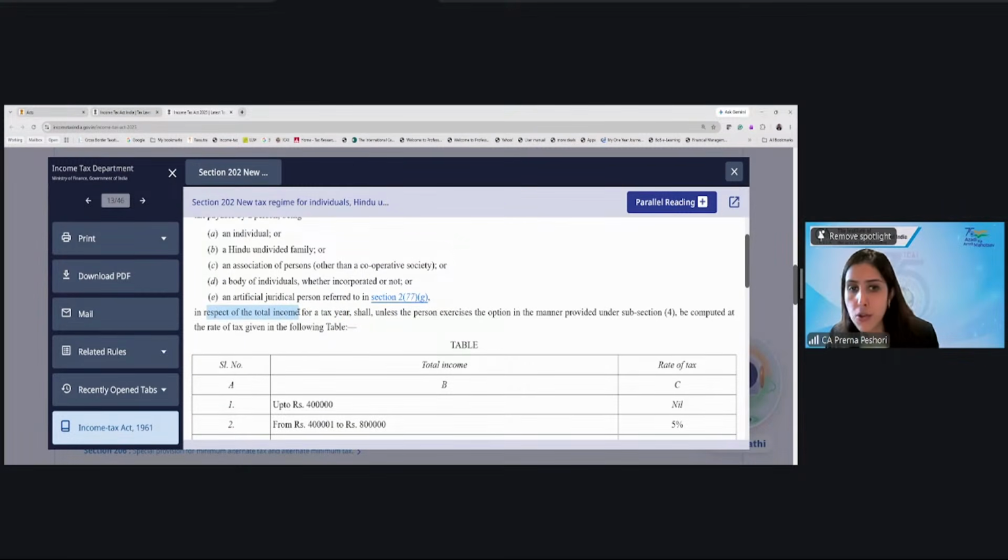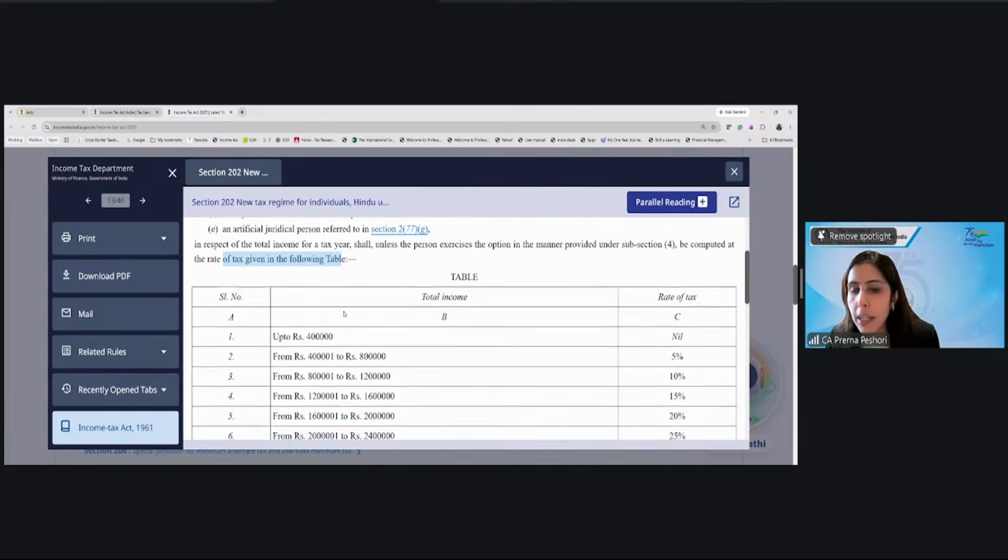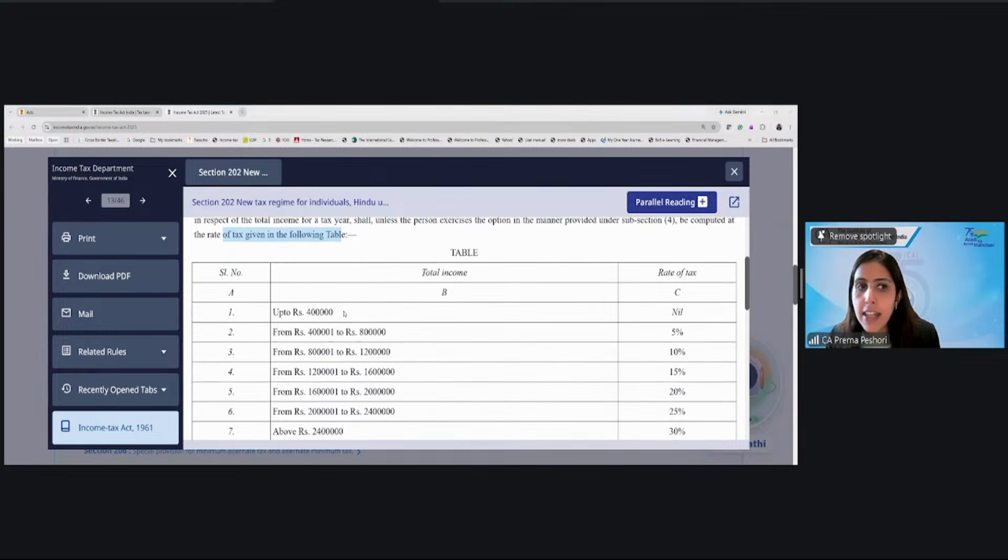We have understood what is total income. We have understood what is tax here. Shall, unless the person exercises the option in the manner provided under subsection 4, be computed at the rate of tax given in the following table. So these are the tax rates that are given to me.